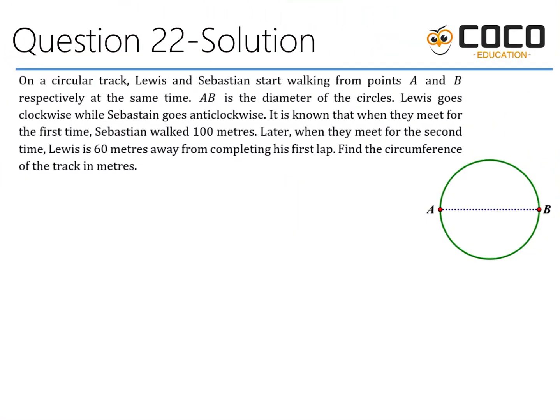Question 22. Now, on the circular track, they start at the opposite ends of the diameter. Okay, this is the starting position for Louis. Sebastian is on the other side. So they travel towards each other.